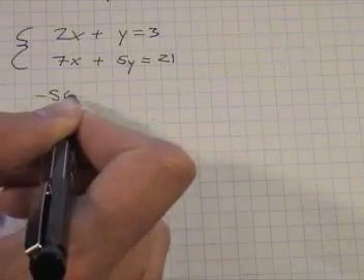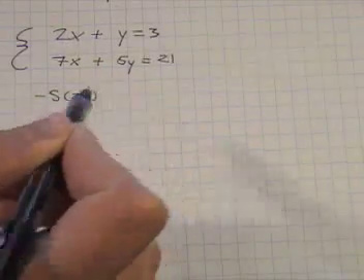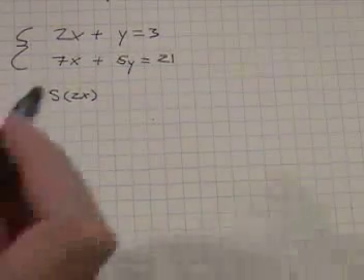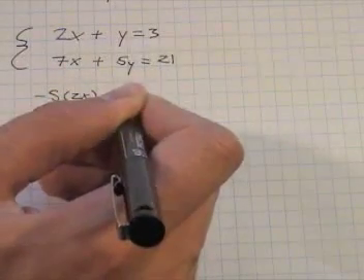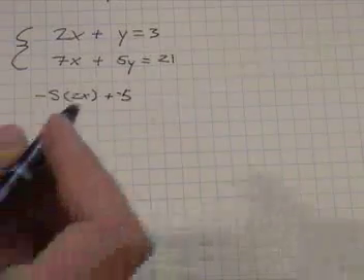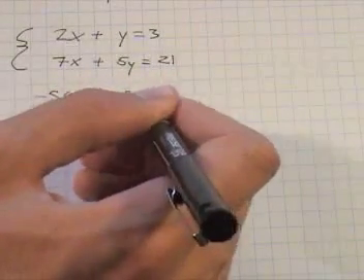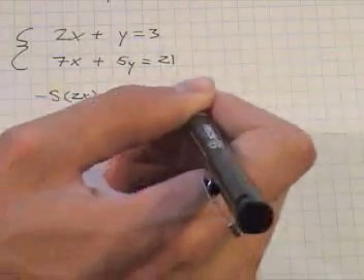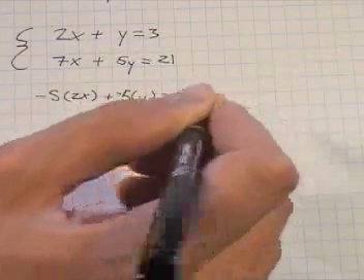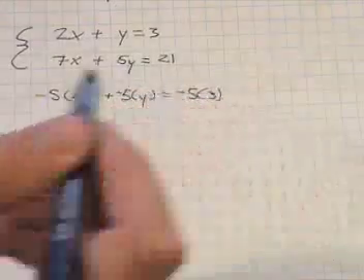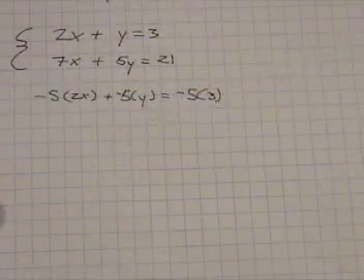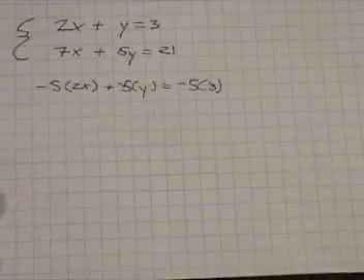So negative 5 times 2x, because you have to do it to each term, plus negative 5 times y, and then negative y multiplied by 3. So let's see how this resolves.